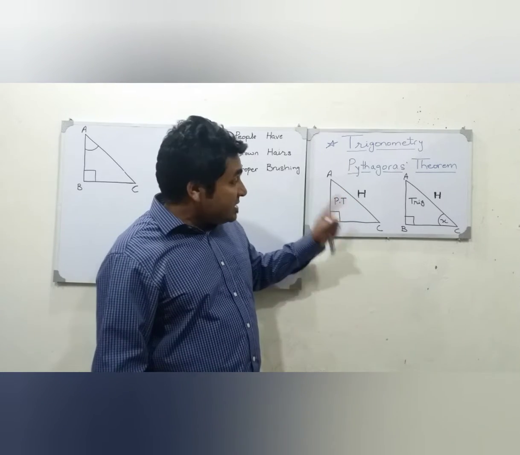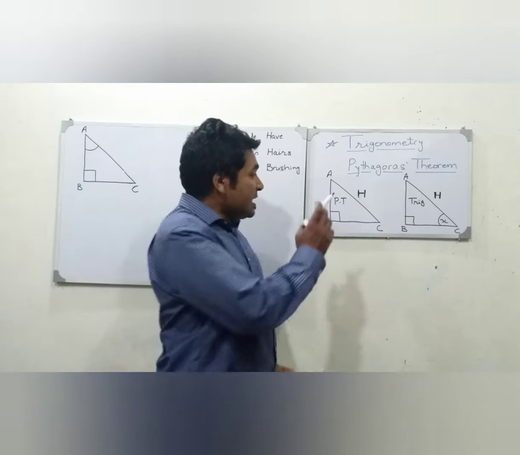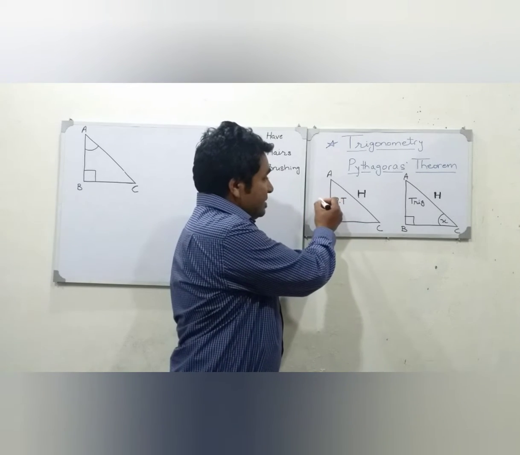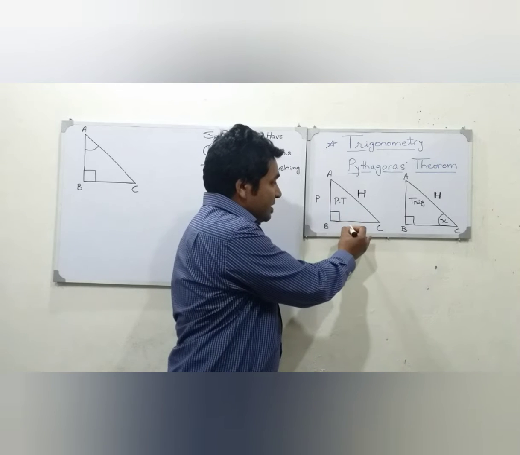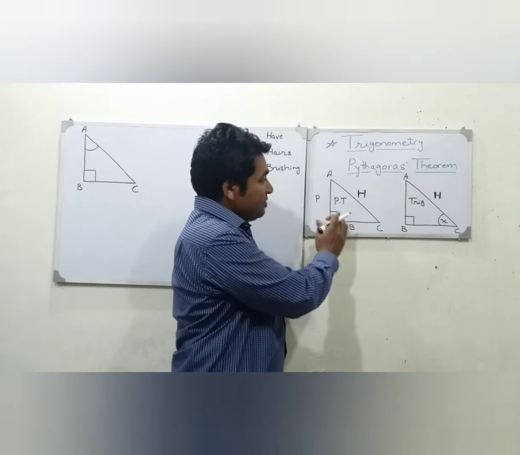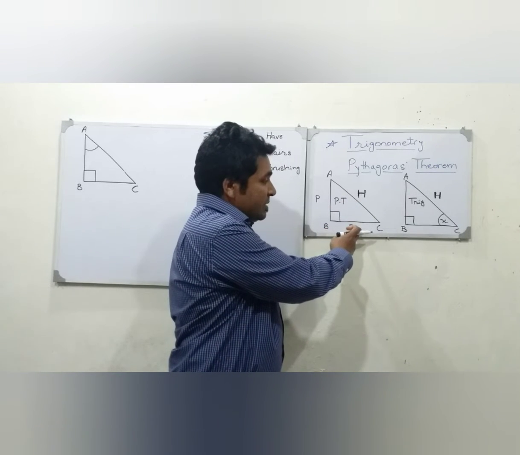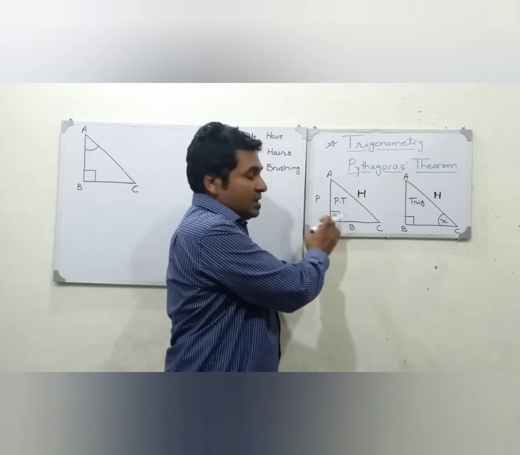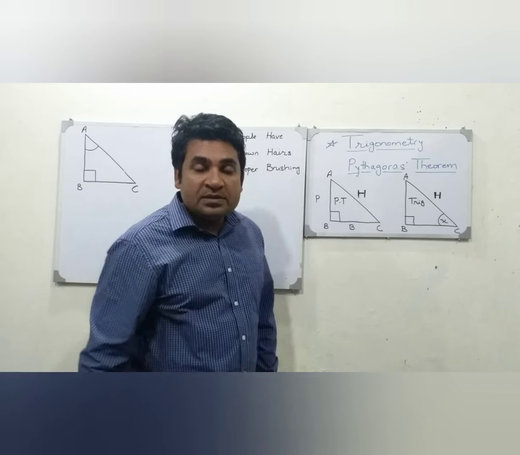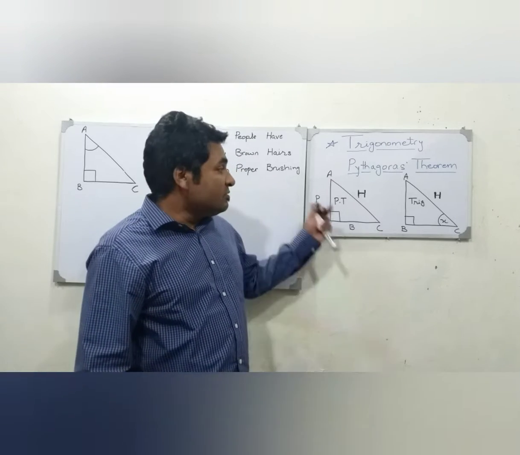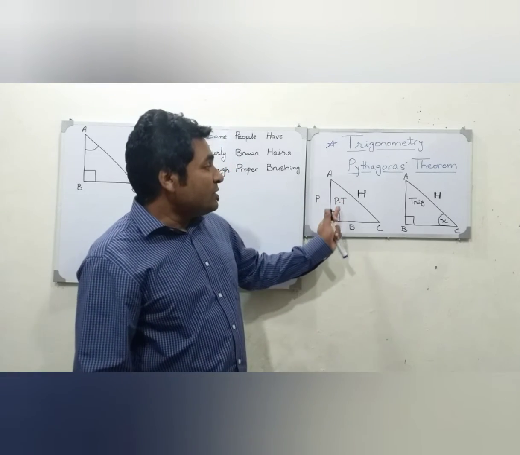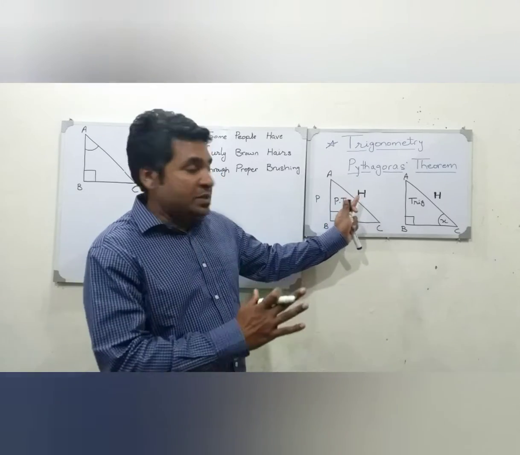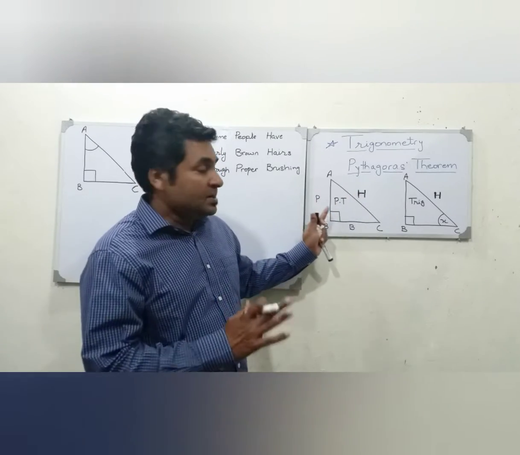So that's why I can call any of these sides perpendicular and base. It will make no difference and will not affect the theorem. Only the side opposite to the 90-degree is fixed. These two are not fixed.